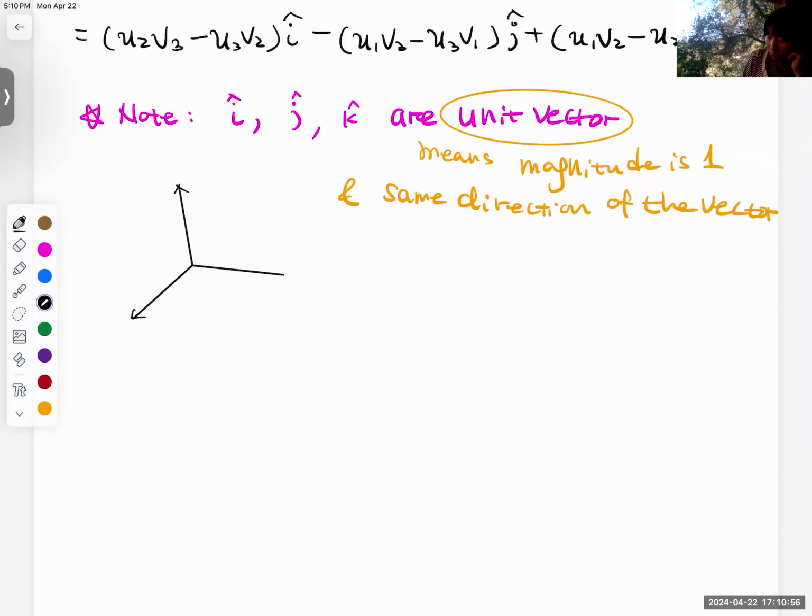One more time, we have ijk, right? ijk unit vectors there, right?